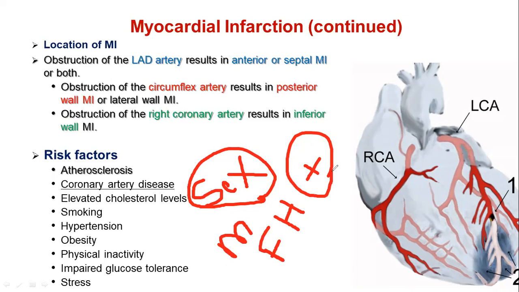But other factors like hypertension, like smoking, hyperlipidemia, diabetes, stress, inactivity, it is possible to change. If you change your lifestyle, if you change your food habit, if you do exercise, if you avoid inactivity, you can protect your heart, right?